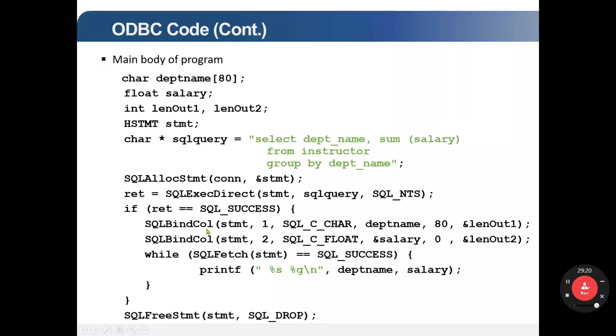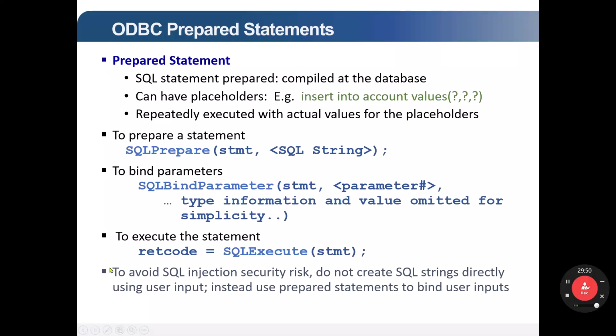Then using bind variables, you can bind a specific variable of the C language with an attribute of that output table using the SQLBindCol function. And SQLFetch will fetch every single record whenever it is called. So the whole structure of this program is not very different from a JDBC program. Only if you are interested, look at these slides. And of course, ODBC is not going to be covered in the midterm exam, and it is not going to be a part of your assignment.